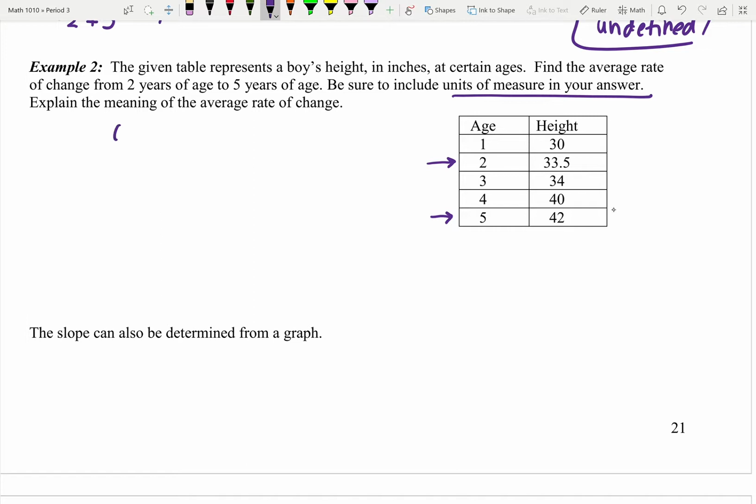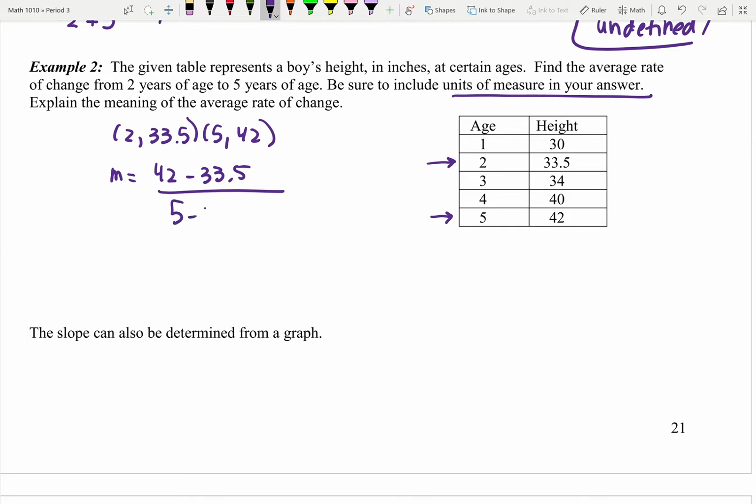Everybody write down the ordered pair 2, 33.5, and then 5, 42. You're going to get the same answer if you do it individually or if you use the formula. So everybody go m equals 42 minus 33.5. On the bottom, do I put the 5 first or the 2 first? Tell me. The 5.